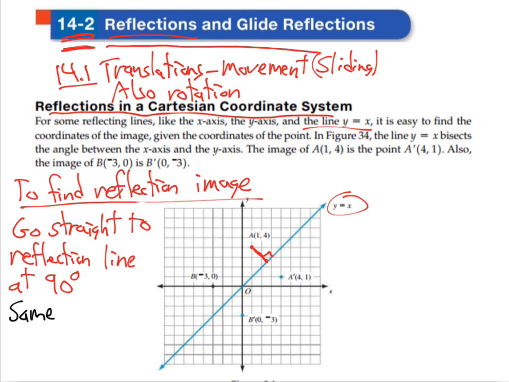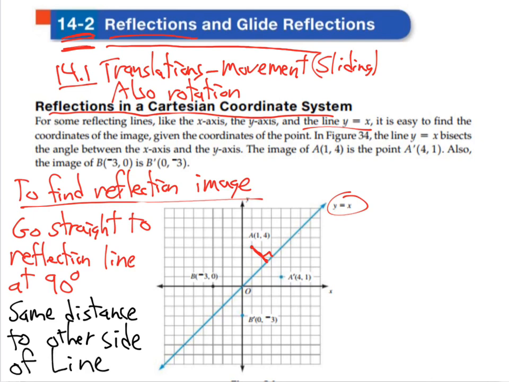And they go the same distance to the other side of the line. So how far is it here? This is one diagonal jump and then a half. See how that's only one and then a half of a square.